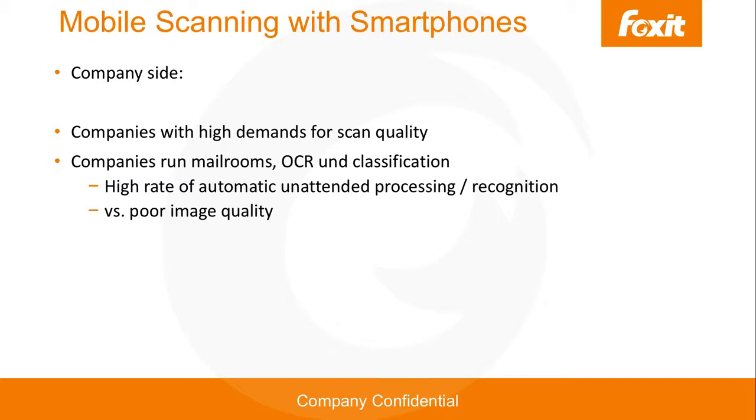So it causes manual labor, manual post-processing, manual classification, understanding what it is, manual data extraction, reading it and keying it because the OCR couldn't do it. So there's definitely a complete conflict of interest. The end user wants to send the document as fast as they can, fire and forget.